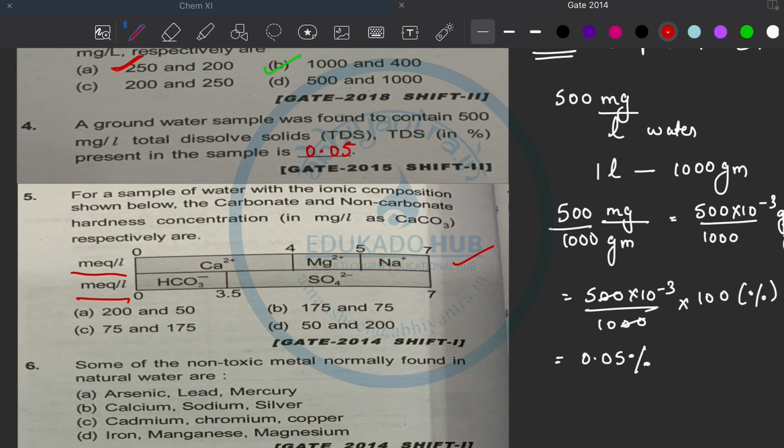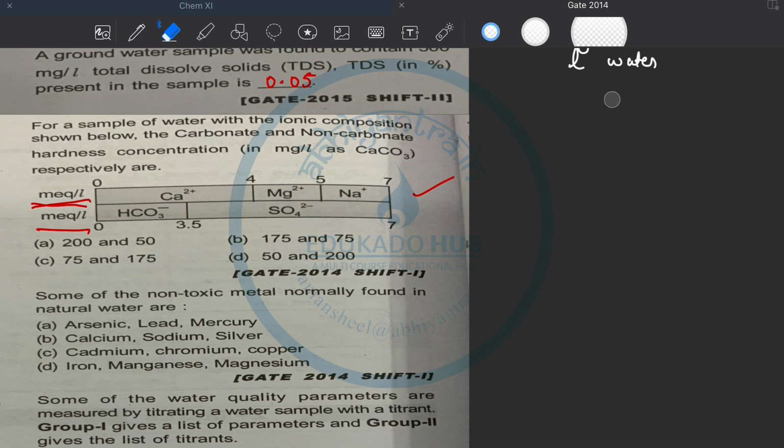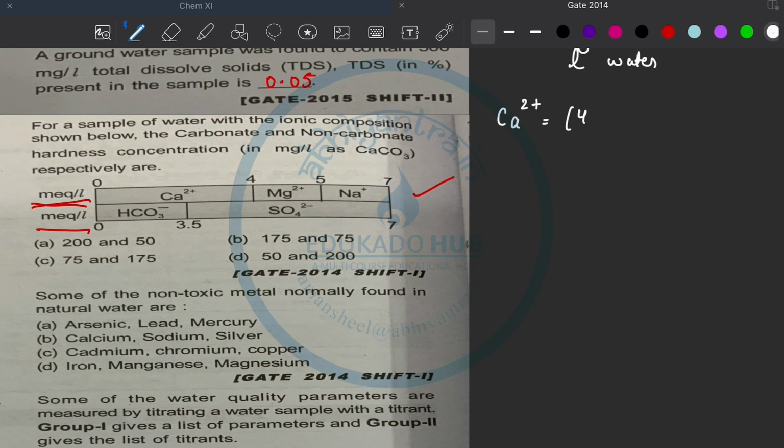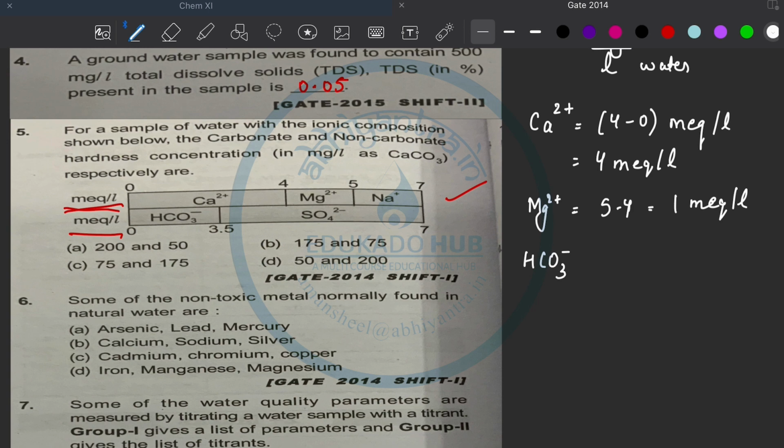Okay, so from this chart we can see that the Ca2+ ion concentration is 4 minus 0 milli equivalent per liter, that is 4 milli equivalent per liter, and Mg concentration is 5 minus 4, that is 1 milli equivalent per liter, and HCO3 minus concentration is 3.5 minus 0, that is 3.5 milli equivalent per liter.